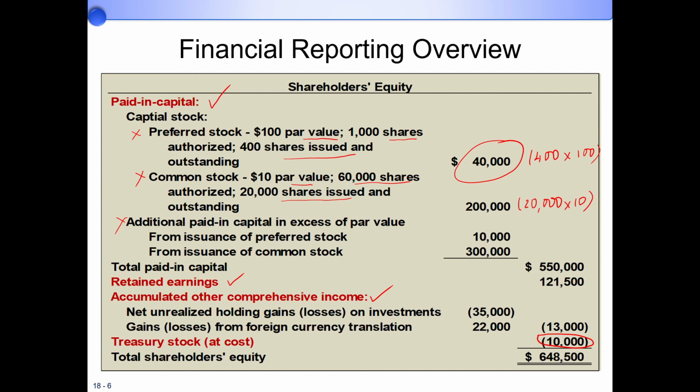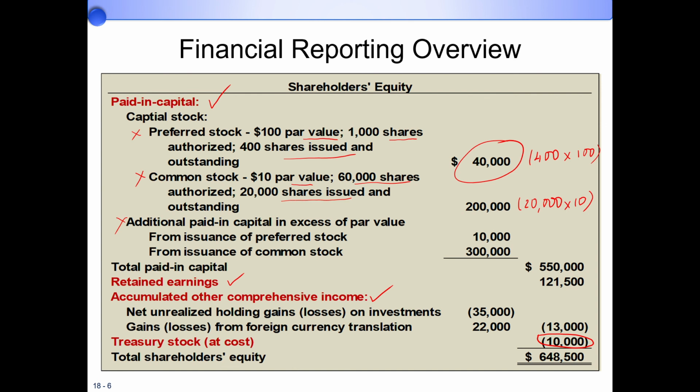For example, you issue common stock for $500,000 because this is par value plus $300,000 additional paid-in capital.